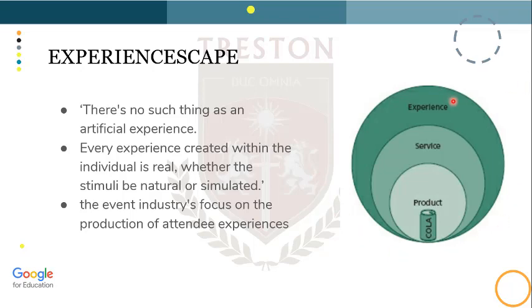So right here in this diagram, you have a product, for example. What is the service that comes or should come with the product? And how would you want your customers to feel upon purchasing that product? Same with an event. How would you want your customers to feel after or during the event?